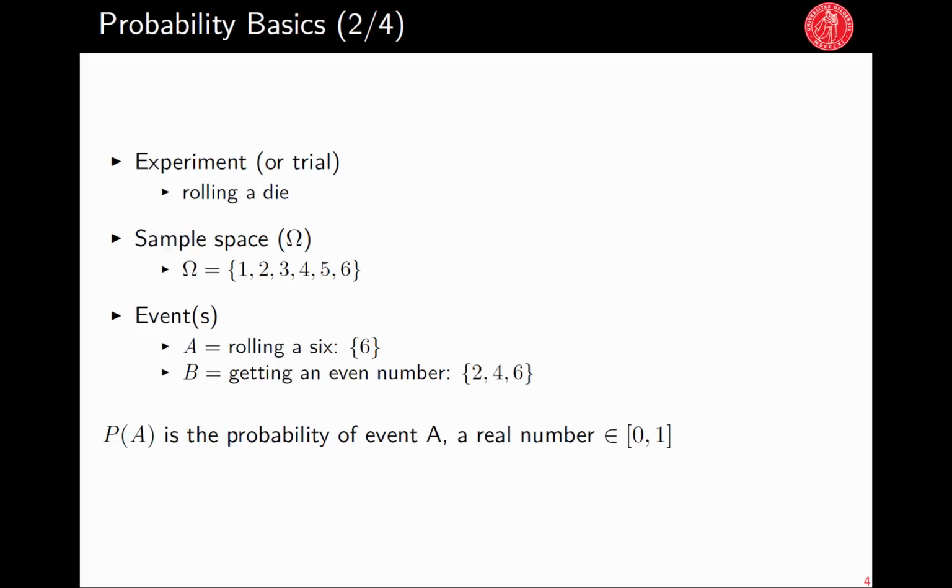What's the probability of rolling a 6? That's 1/6. 1 over 6, 0.166, and so on. And we can compute that by the cardinality, the size of the event set, the subset, in proportion to the size of the sample space. So 1 over 6.